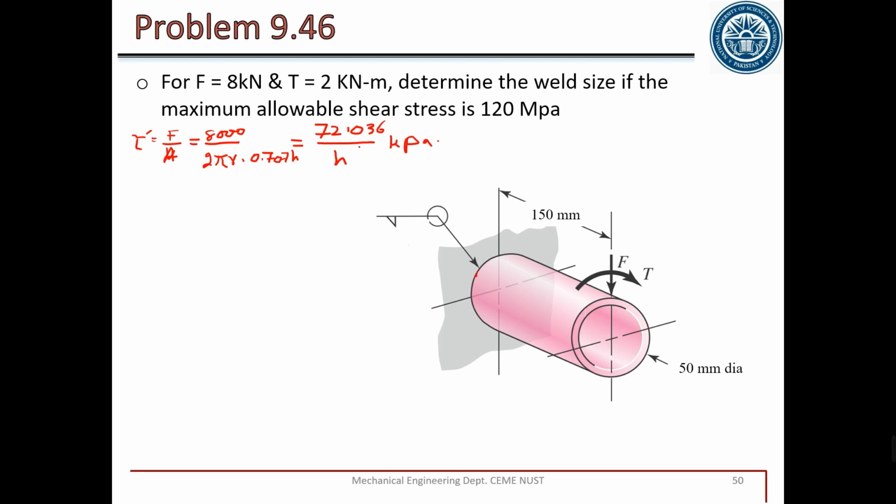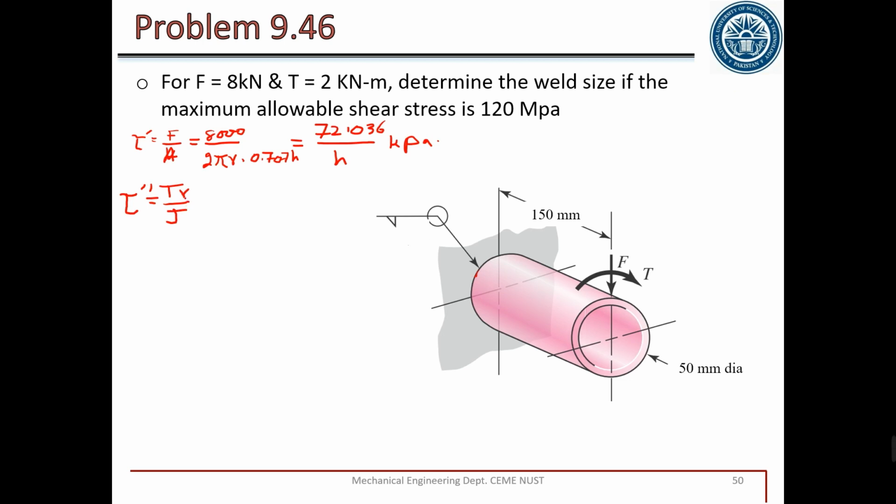The second part is to calculate secondary shear. For secondary shear, first of all we need to check which category it belongs to. This is a circular weld, so it is the last figure in table 9-1, circular. Getting data from there, the magnitude of secondary shear, tau double prime, is equal to TR by J, because this is torque and we have the value of torque.